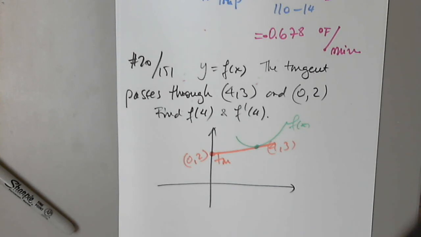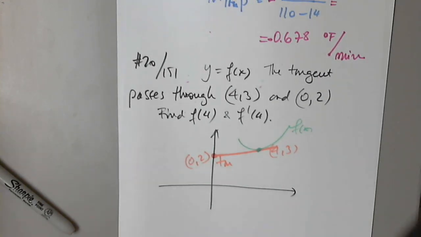So the tangent to the graph of f of x at (4, 3) crosses the y-axis at (0, 2). We're asked to find two things, f of 4 and the derivative, or the rate of change of the function at 4. The instantaneous velocity, the instantaneous rate of change.